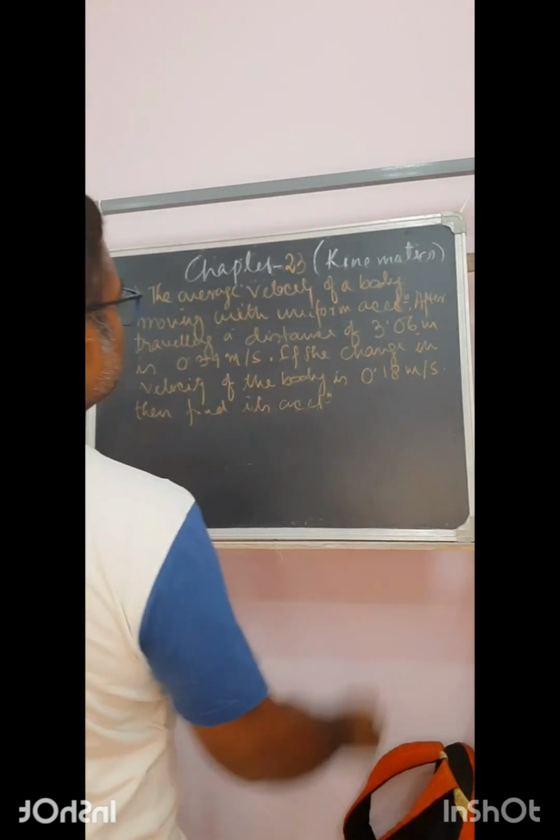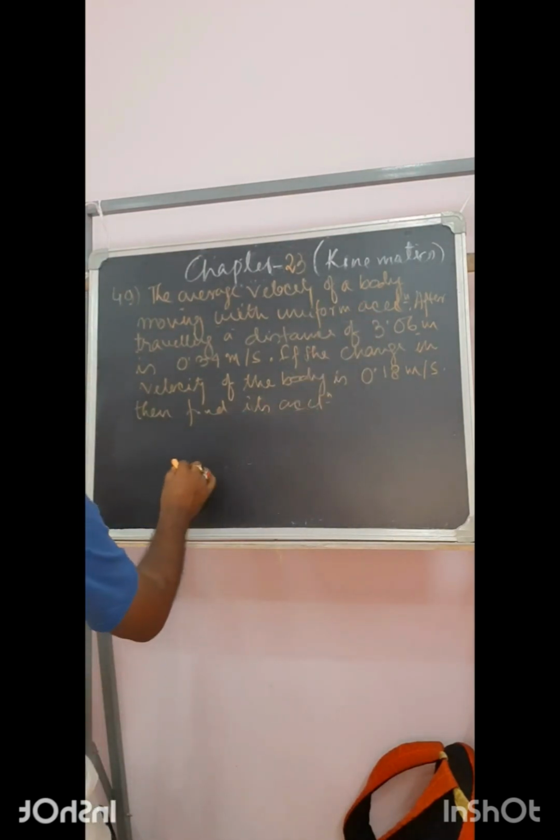So what is the average velocity of a body moving with a uniform acceleration after traveling a distance?